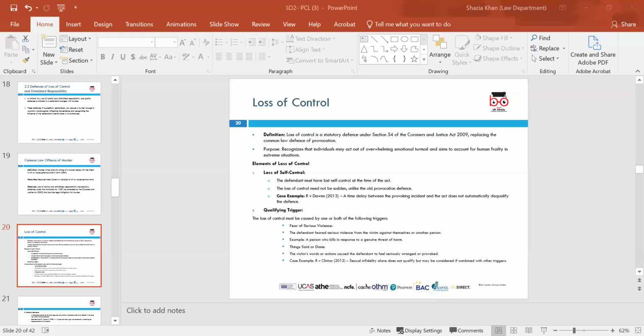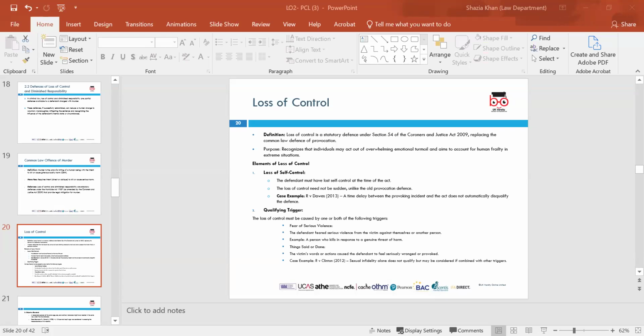So loss of self-control, as we mentioned, focuses on a sudden extreme reaction to a provoking situation, while diminished responsibility relies on the defendant's mental state. The key point in the element of loss of self-control is the triggering event.